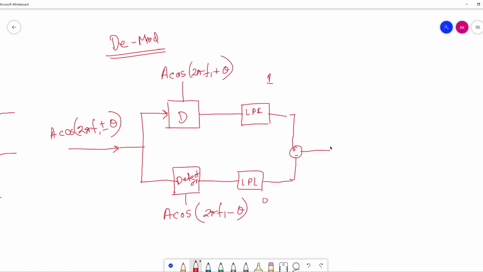And now we have to compare this data with respect to 0. So then we will get the demodulated signal.